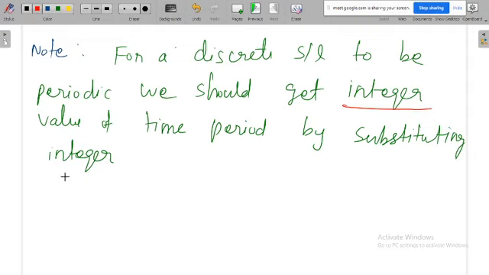Very important, this statement is very important. For a discrete signal to be periodic, we should get an integer value of the time period by substituting integer values of k. Again, this is for what? For sinusoidal signals. For non-sinusoidal signals, we'll observe the time period from the graph. For sinusoidal signals, we have to follow this condition.